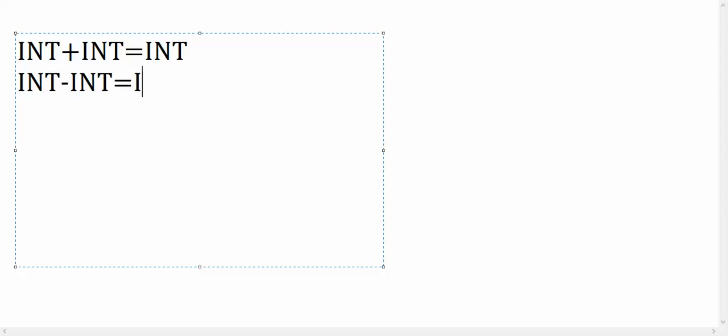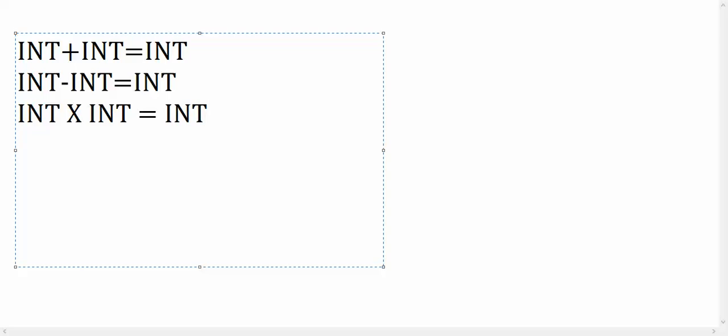So first of all, an integer plus another integer will always equal an integer value. Same thing for subtraction. An integer minus another integer will always equal another integer. Same thing actually for multiplication. An integer times an integer will always equal another integer.